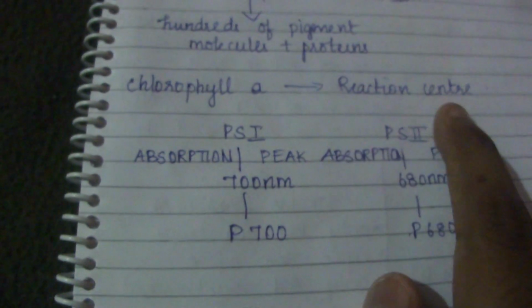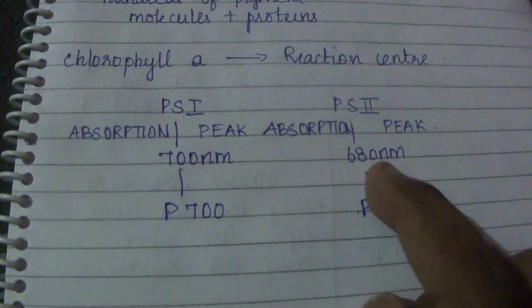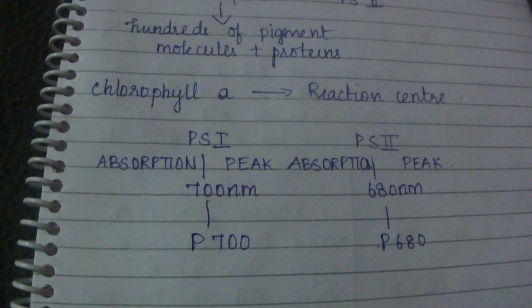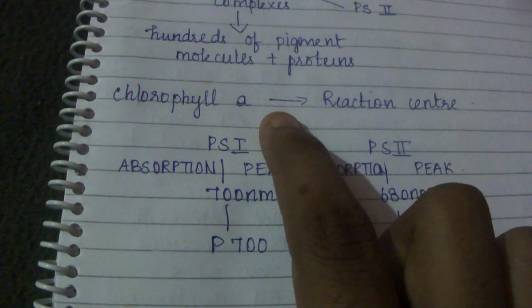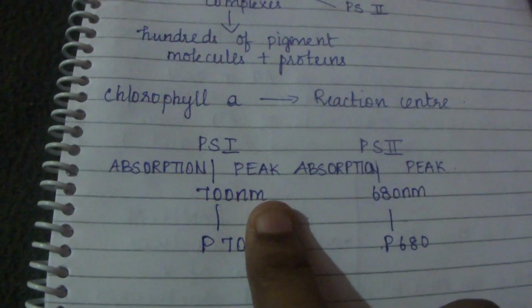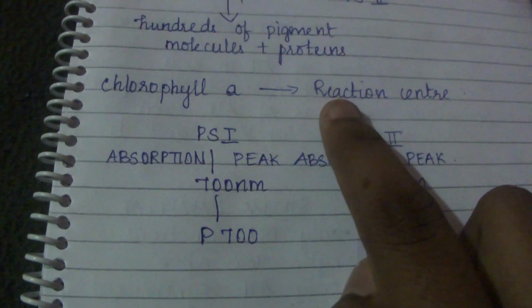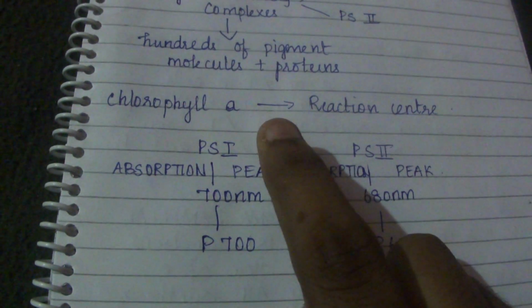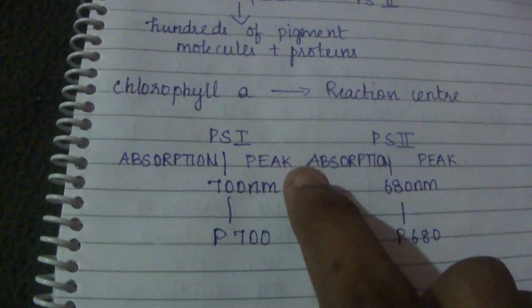That reaction center differentiates PS1 and PS2 by the absorption peak, that is, the maximum absorption that photosystem 1 can undergo, which is 700 nanometers.